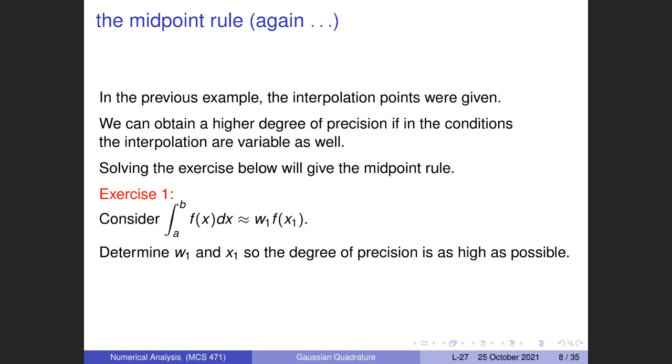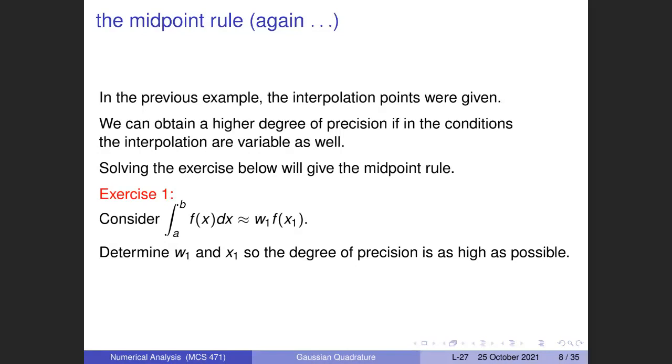So what is the exercise? The exercise says that we have an interval AB, and we want to determine a quadrature rule with only one point. We don't know where to evaluate that point yet, so suppose that we don't know the midpoint rule.